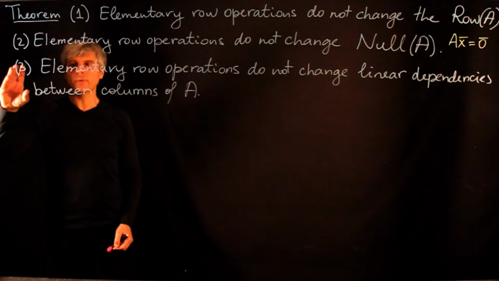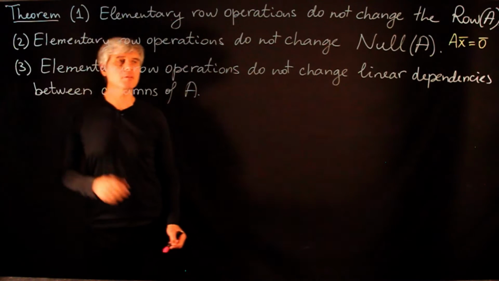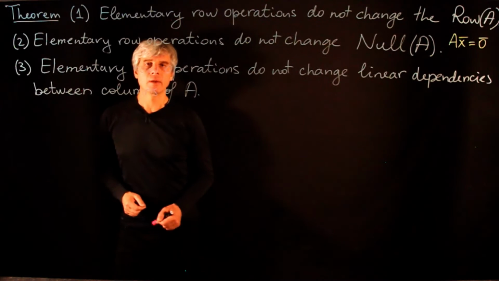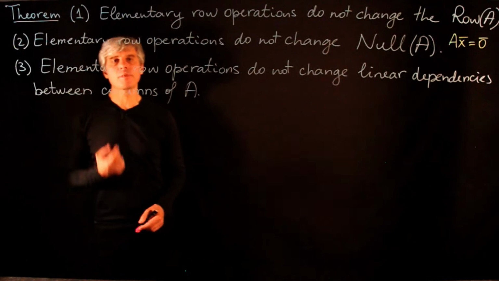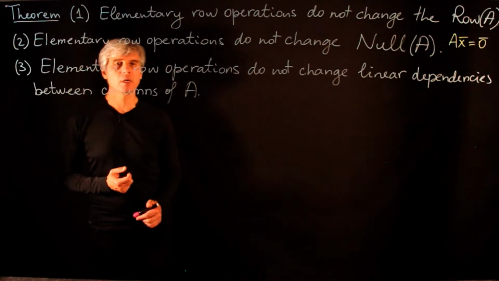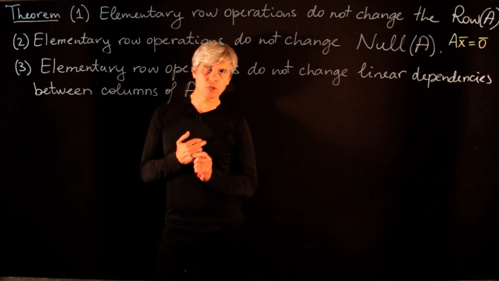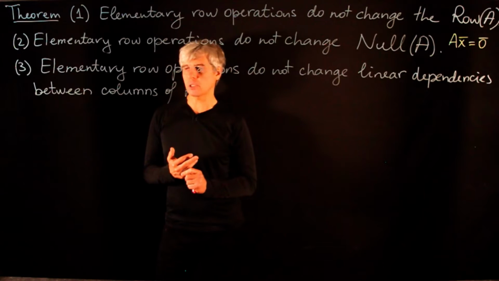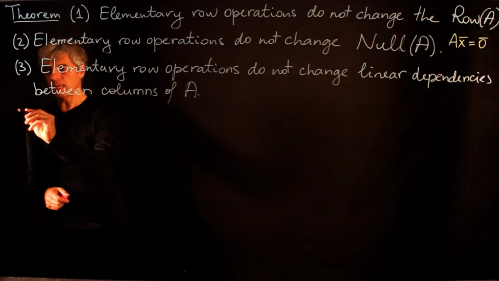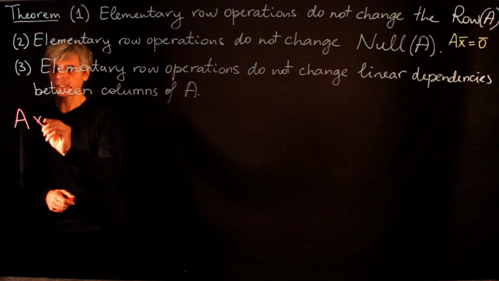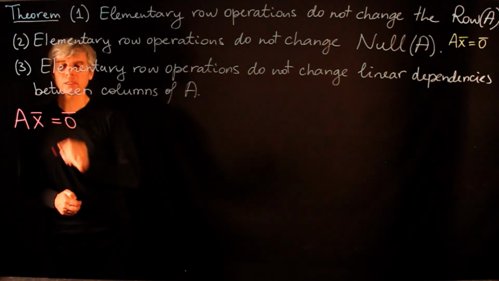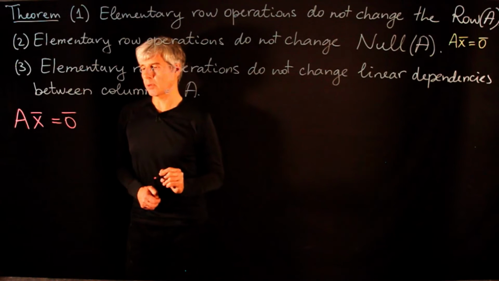In order to prove part 3 of this theorem, that elementary row operations do not change linear dependencies between columns of A, we need to recall our 3 interpretations of a system of linear equations. The first interpretation was just a system of linear equations. The second interpretation was the matrix form, so it was AX equals, in general, B, but here we're interested in the case when AX is equal to 0.